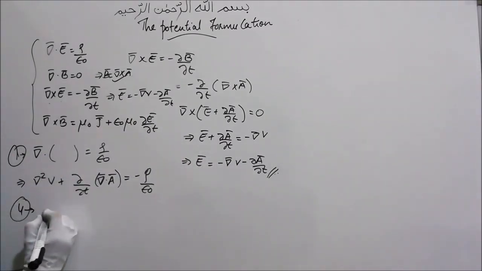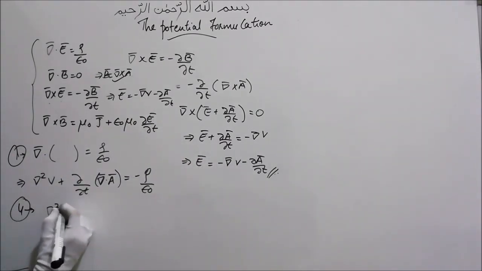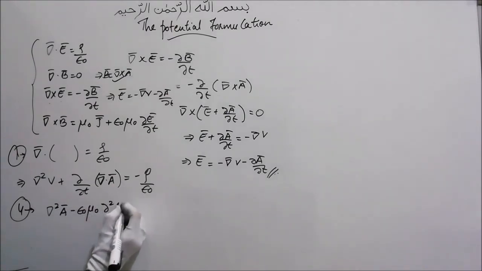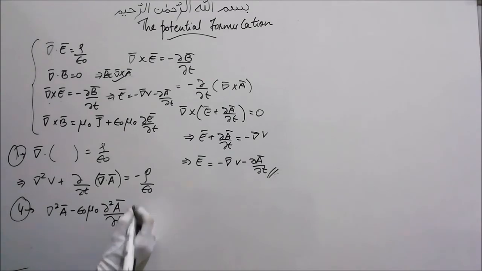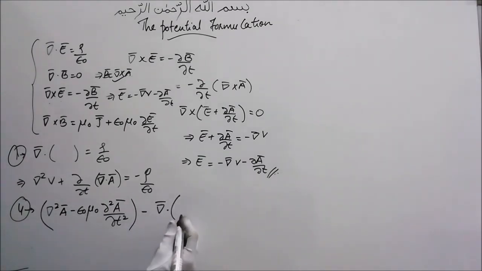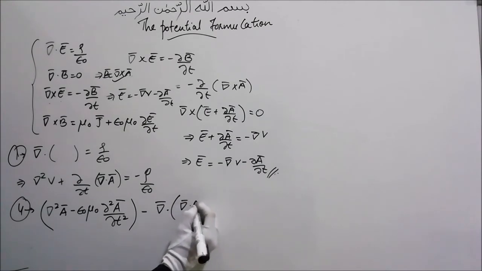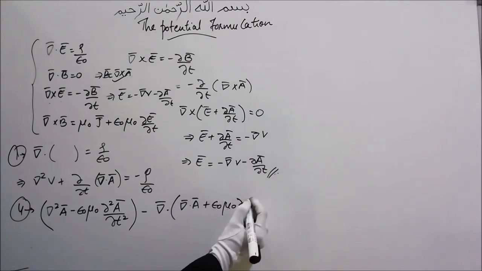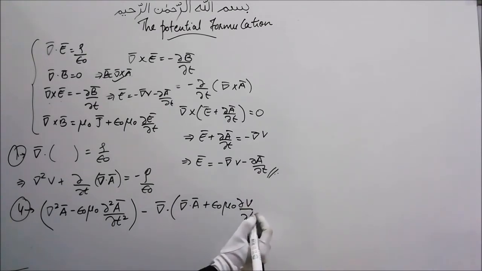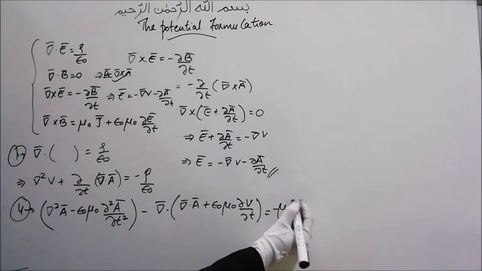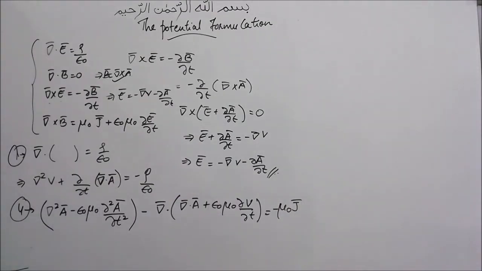We will get del squared A minus epsilon naught mu naught del squared A by del t squared minus del of del dot A plus epsilon naught mu naught del V by del t is equal to minus mu naught J.